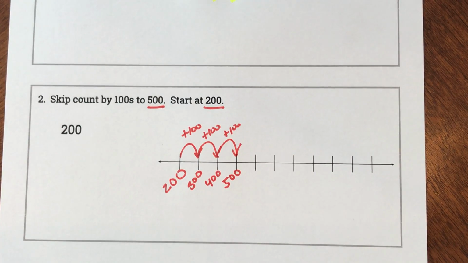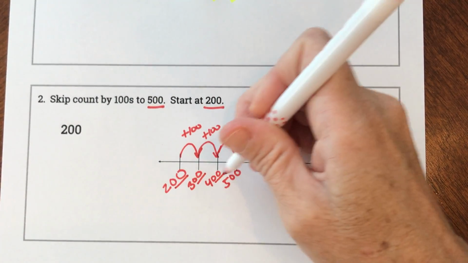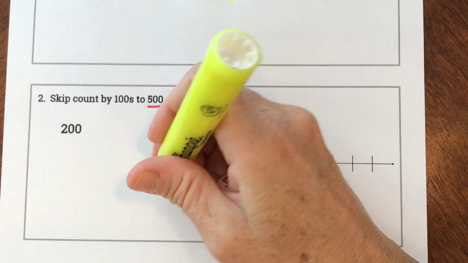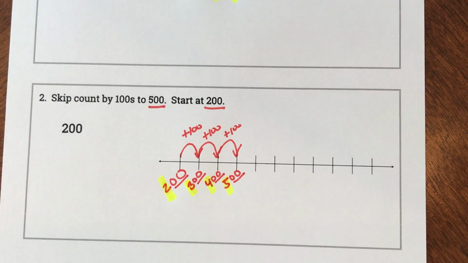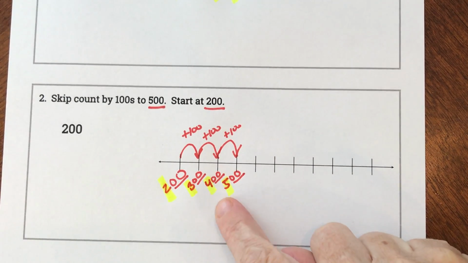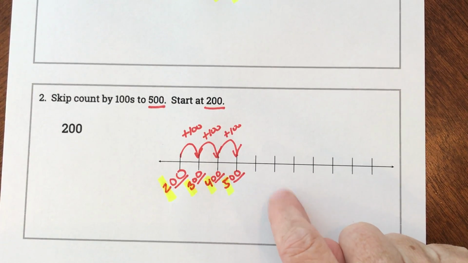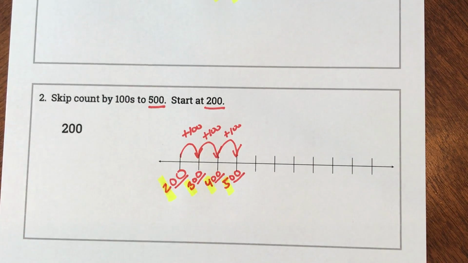And I can stop. And I still see that same pattern, that I have all zeros in my tens and ones place values. And it's my hundreds place values that count. 2, 3, 4, 5. And my next one would probably be a 6. And my next one would be a 7.